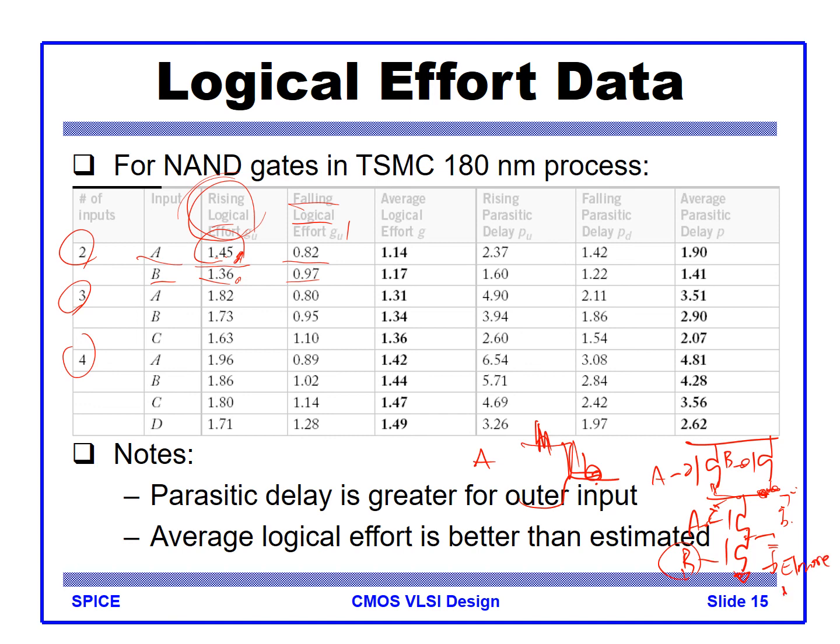So you see more capacitance there for the B input. But eventually, when you take the average parasitic delay, input A is slower, so input B is faster. You can say that. So the parasitic delay is greater for the outer input, right?